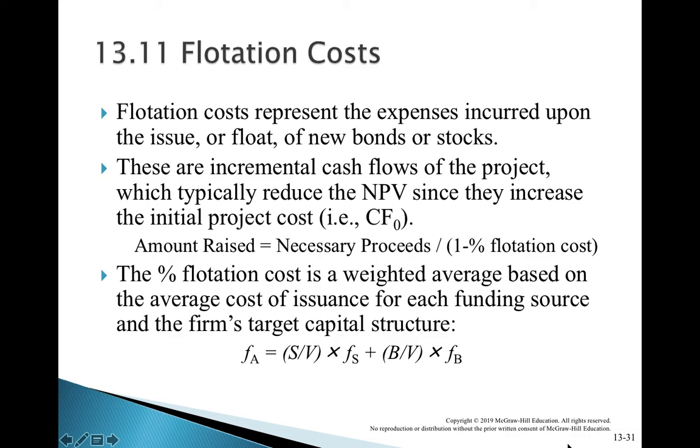Out of that, here in this case, what happened? You issued the security at 25% premium. So you got 125 million. 15 million you spent on flotation cost. Therefore, in your hand, 110 million remains.